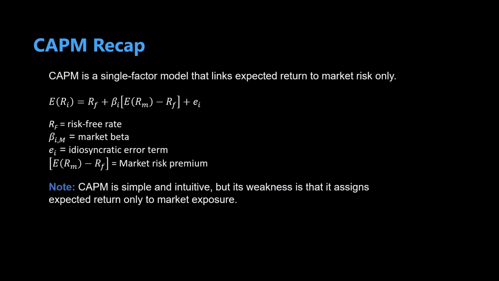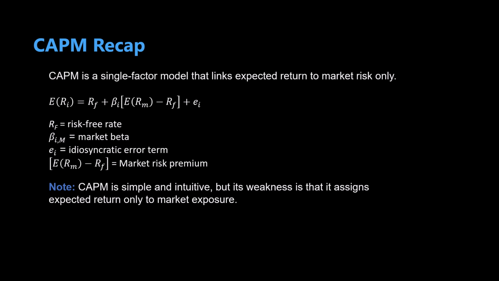The intuition is straightforward. If an asset is more sensitive to market movements, meaning that it has a higher beta, investors require a higher expected return. CAPM is attractive because it is simple, elegant, and easy to interpret, but that simplicity is also its limitation. It assumes that only one systematic source of risk matters for expected return.